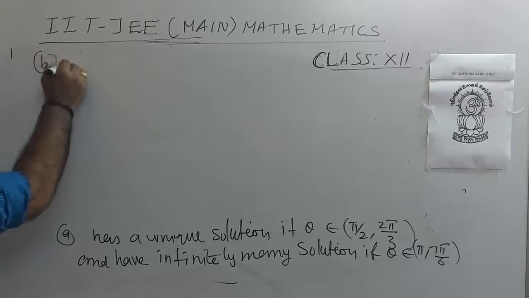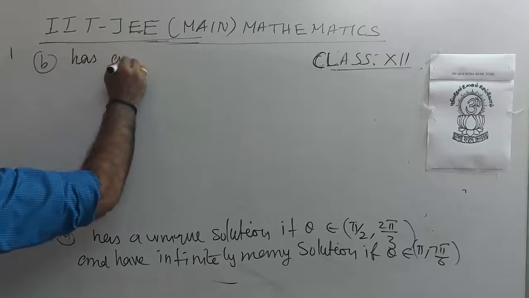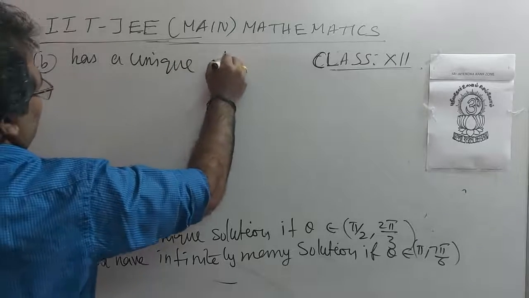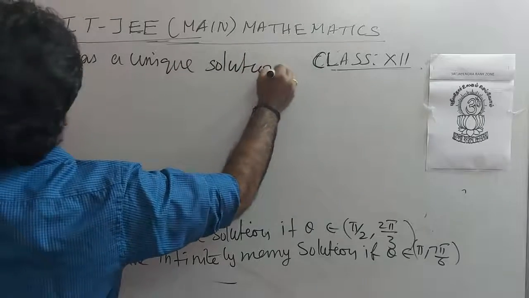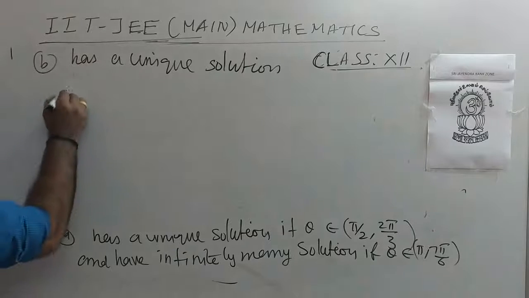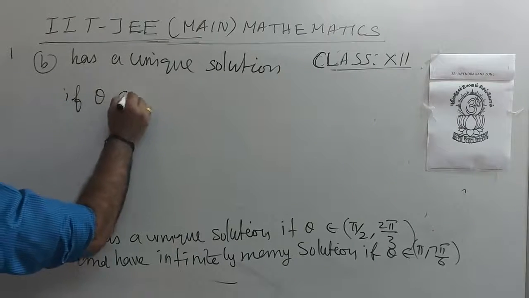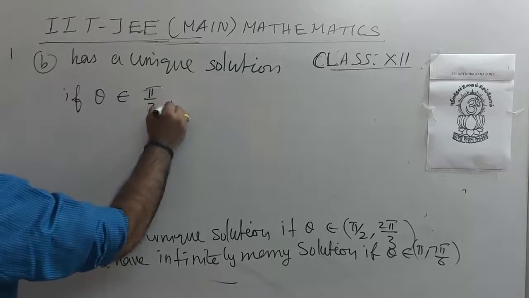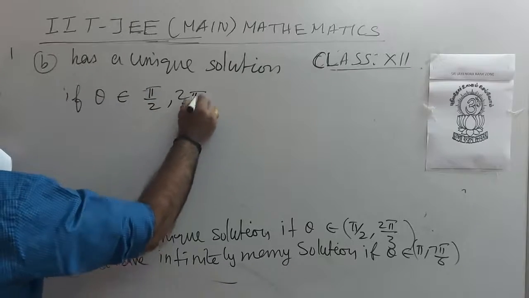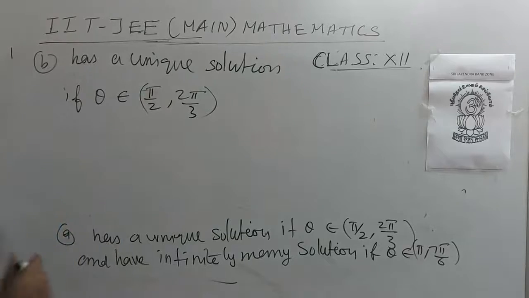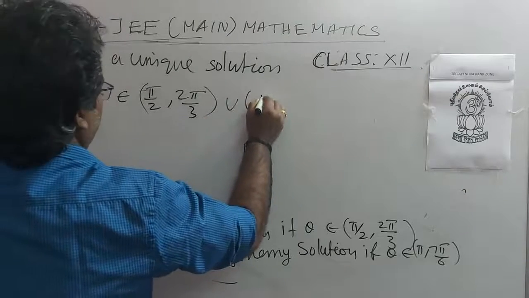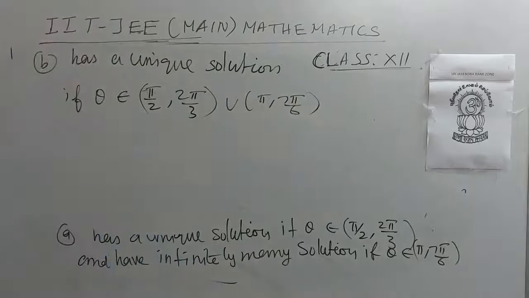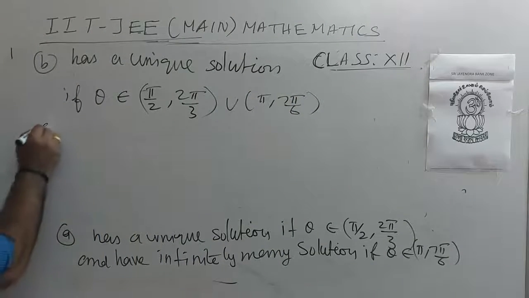Option B: has a unique solution if theta belongs to pi by 2 comma 2 pi by 3, or pi comma 7 pi by 6.